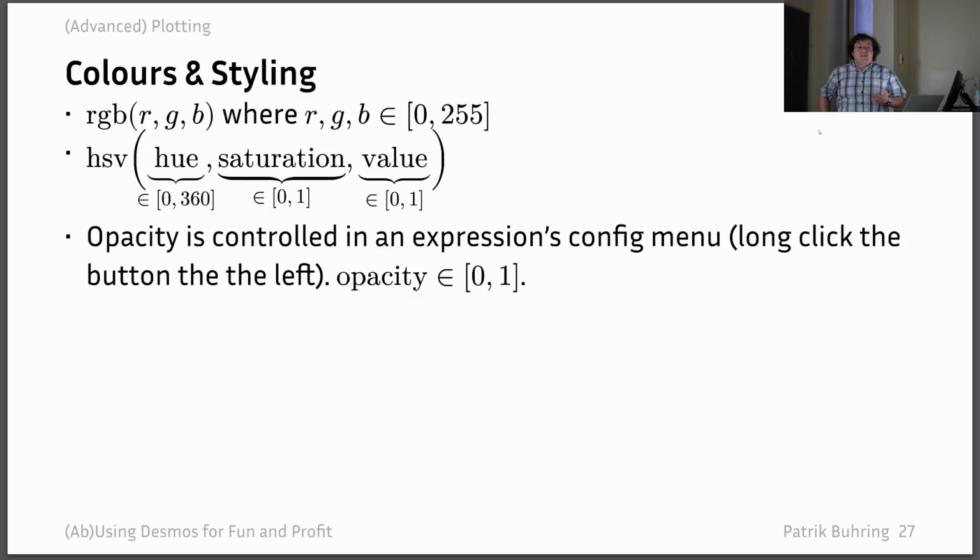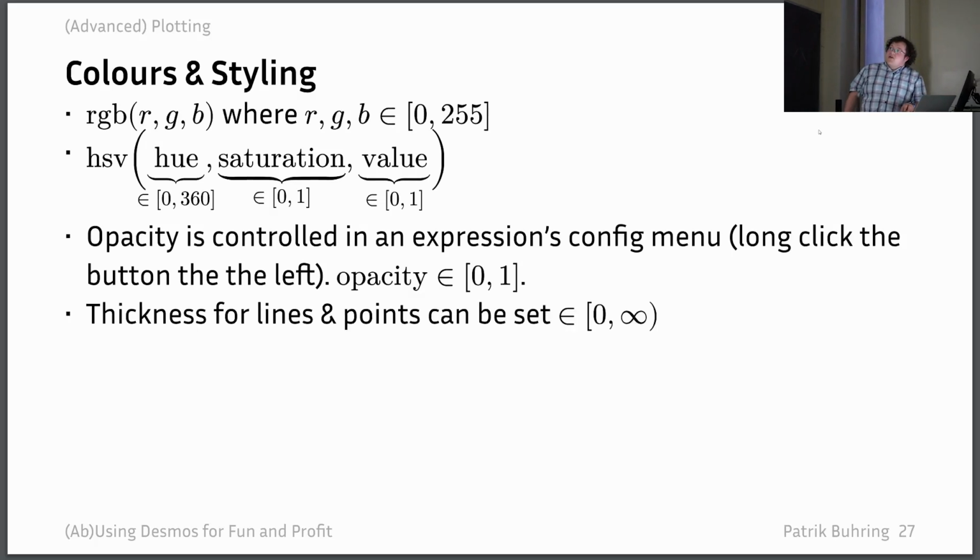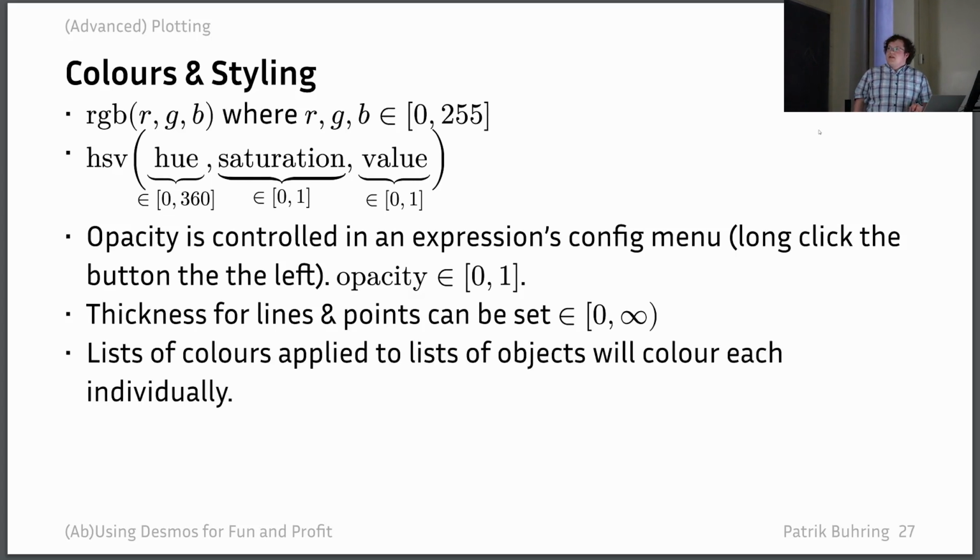You can also change the opacity of objects, between 0 and 1 for fully opaque. You can change line thickness for lines and points, naturally between 0 and infinity. And if you've got a list of objects, you can apply a list of colors, opacities, and thicknesses to completely reconfigure every single object in the list.